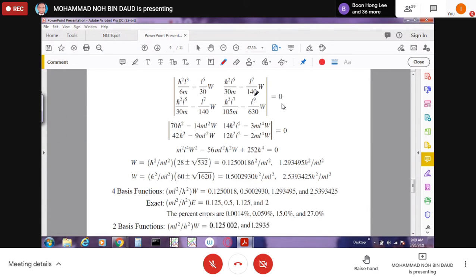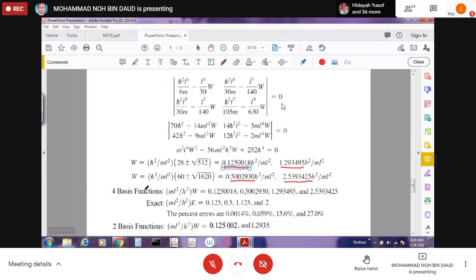We got this approximate energy. For the second block, a 2 by 2 matrix, we got these two roots of energy.